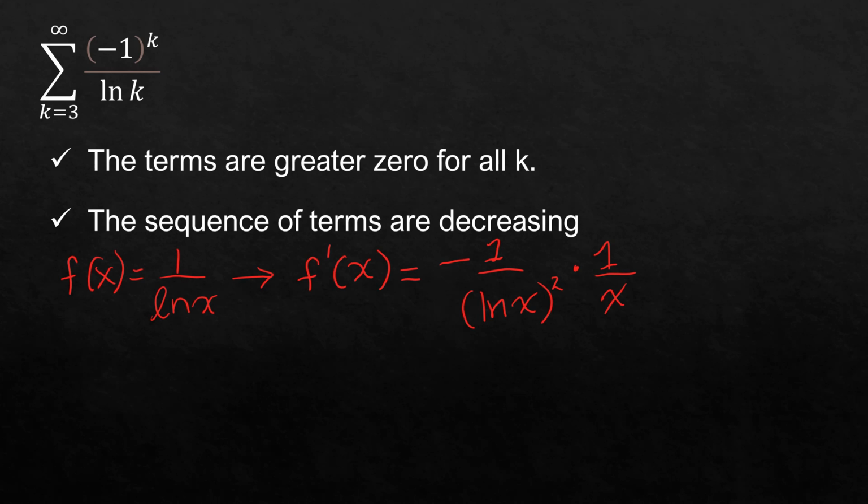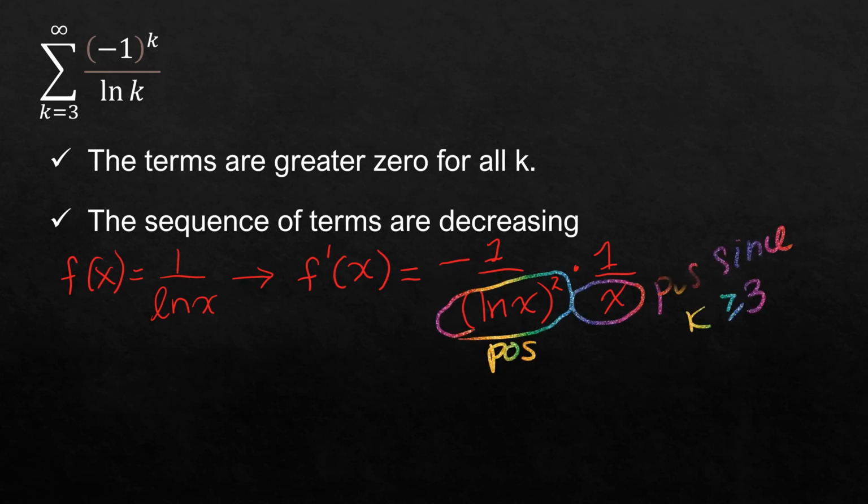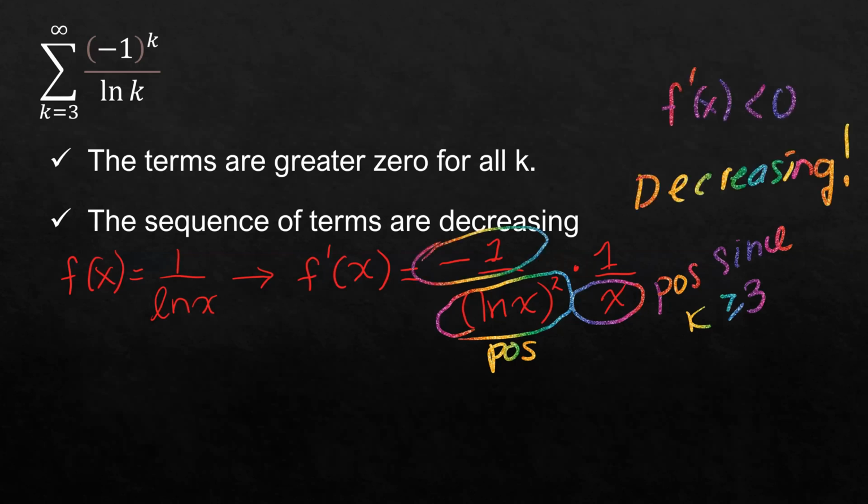We know the square part is positive. x is also positive since we're considering all terms from k equals 3 to infinity. And then the negative will make that derivative less than 0, and your sequence of terms is decreasing.